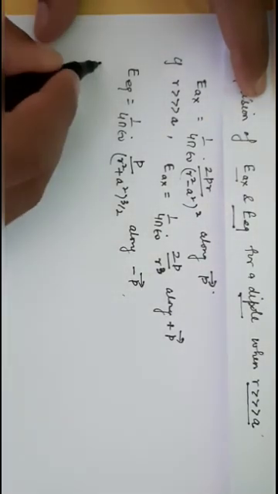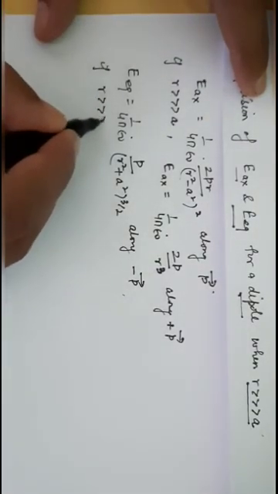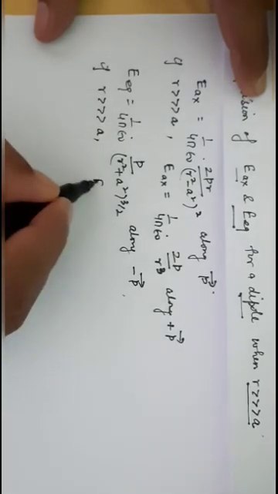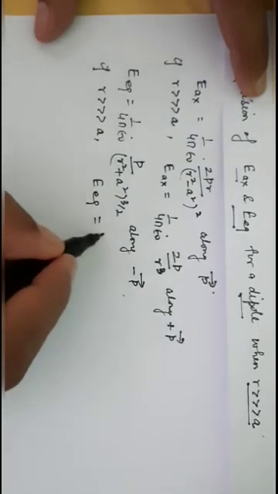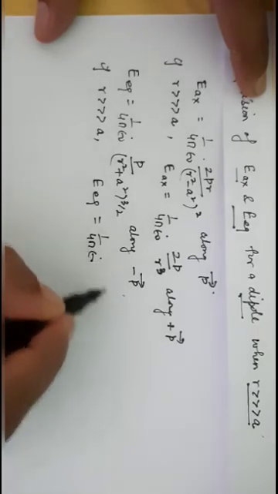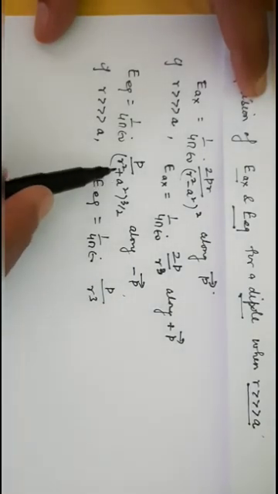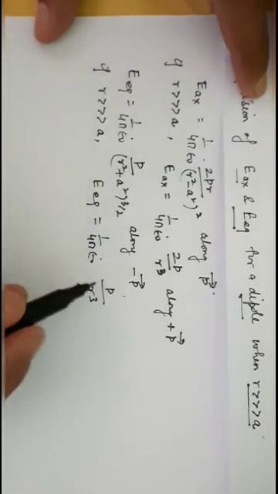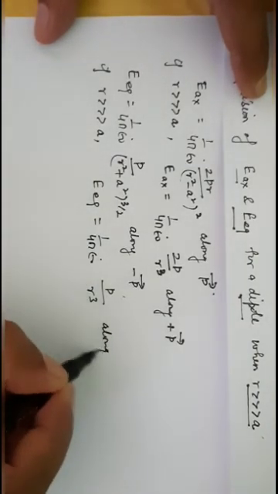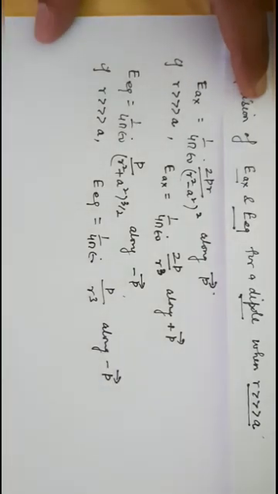Now if r is very much large as compared to a, then the electric field on the equatorial line becomes 1 upon 4 pi epsilon naught, p by r cube. Here a can be neglected, the square gets cancelled out, and we are left with r cube along minus p, opposite to the direction of dipole moment.